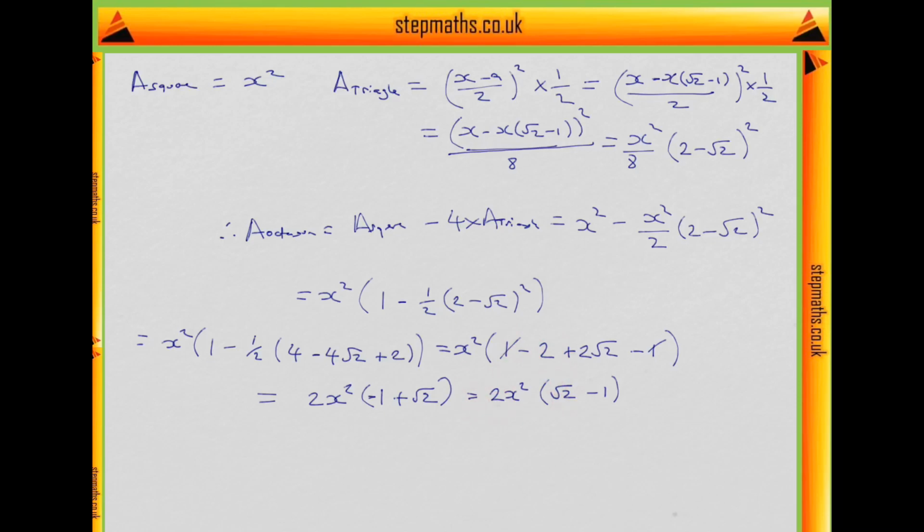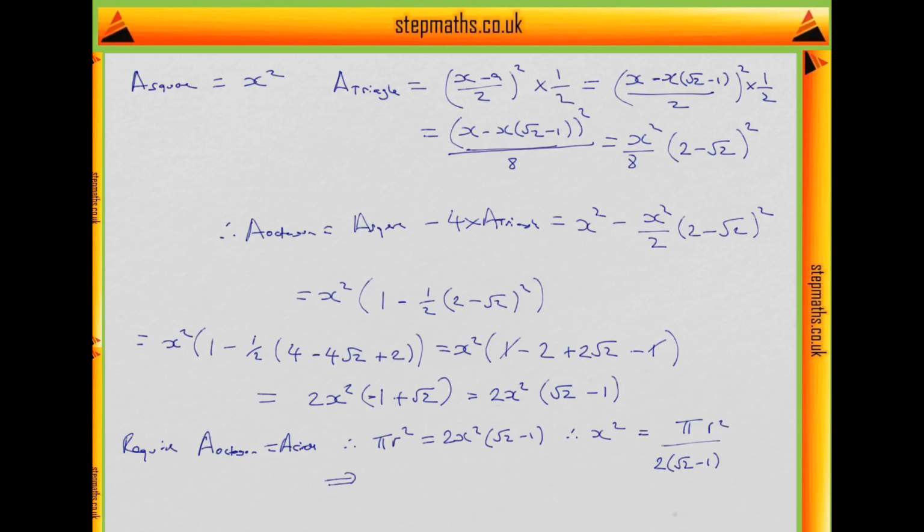Okay, well therefore we simply require the area of the octagon equal to the area of the circle. And therefore pi times r squared is equal to 2x squared into (root 2 minus 1). Therefore x squared is equal to pi over 2 into (root 2 minus 1) times r squared.